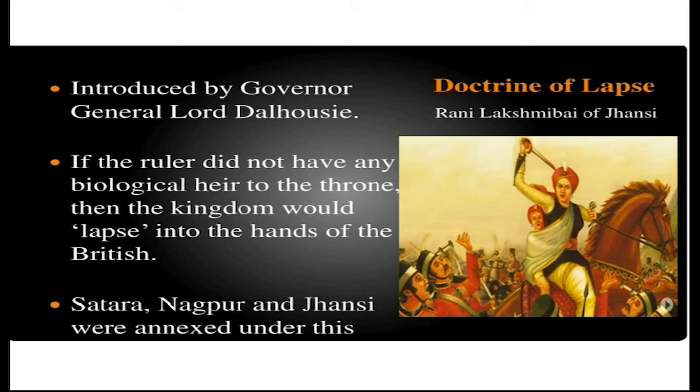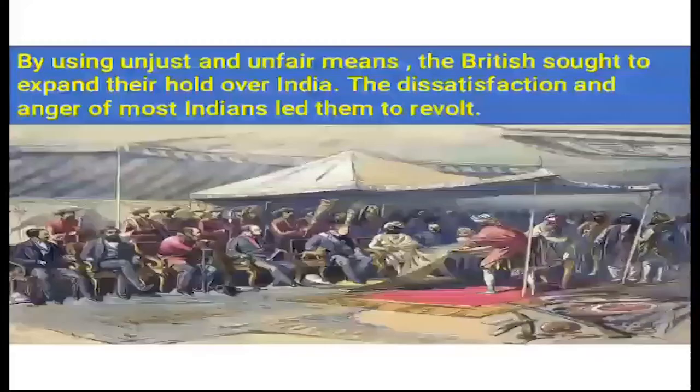And by this they annexed Satara, Nagpur and Jhansi. And due to this, the Indian rulers were not happy with the British. By using unjust and unfair means, the British sought to expand their hold over India. The dissatisfaction and anger of most Indians led them to revolt.